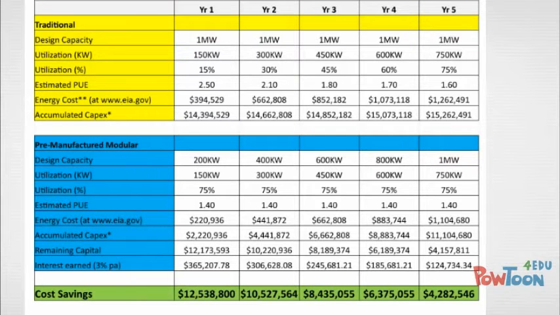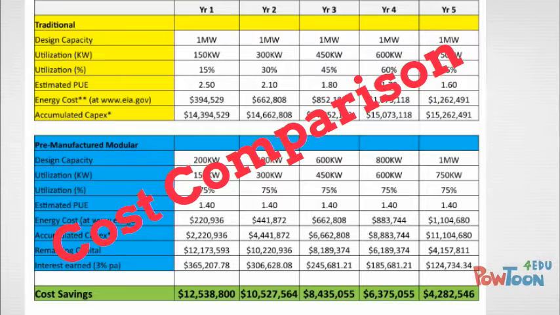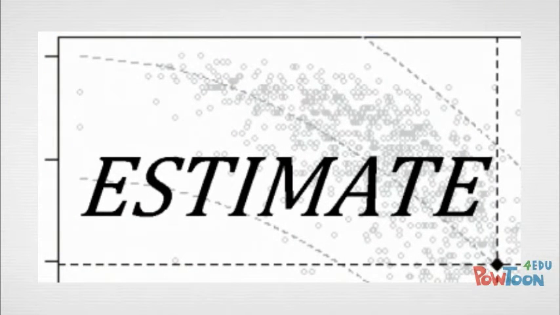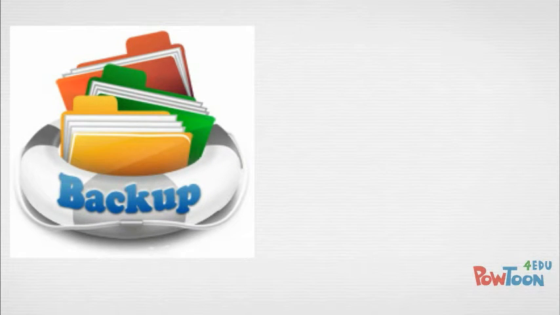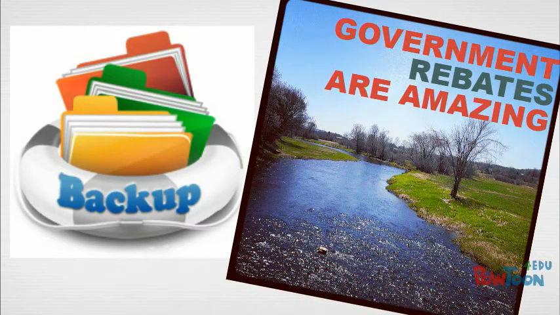The solution is to provide an upfront cost comparison of green technology and non-green technology, as well as an estimate of the cost over the length of the item used. Provide backup to your statements with data and research. Provide a list of government incentives to show the offset of high cost.